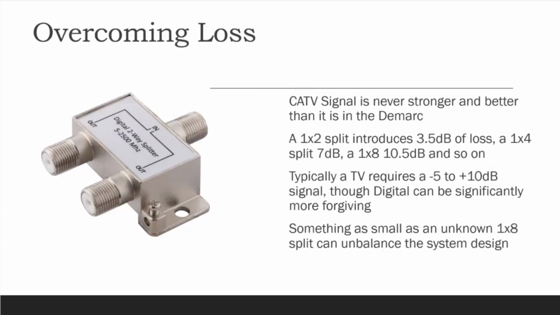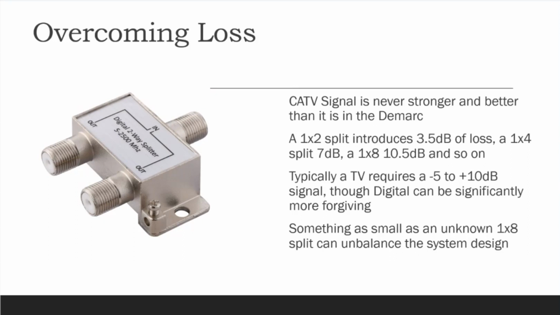But as we understand loss in a system and how we have to overcome loss in a system, even these small changes of a 1x2 splitter or a 1x4 splitter can be catastrophic if the system was already kind of on the edge.